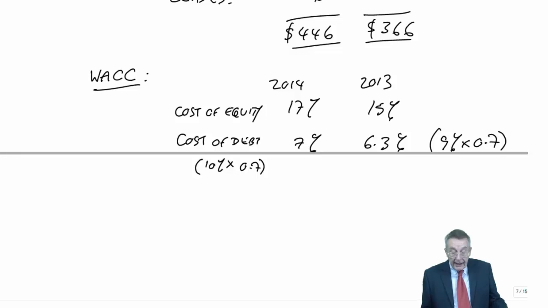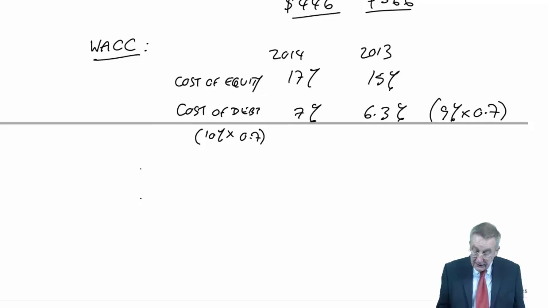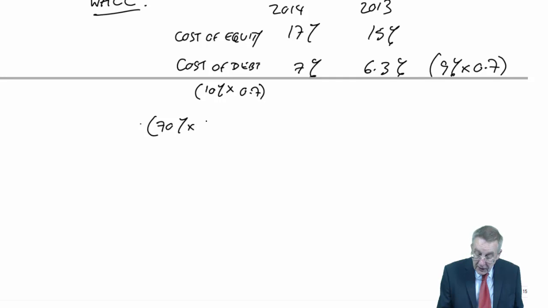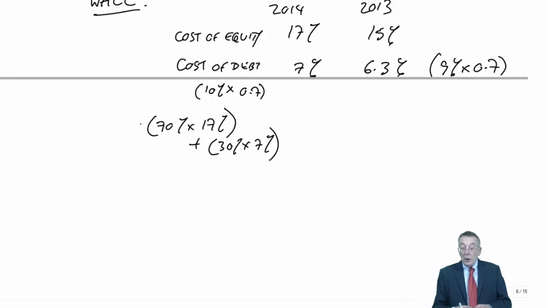And so the weighted average in each of the 2 years, our target overall is to have 70% equity and 30% debt. So in 2014, 70% is costing 17, 30% of our money is costing 7. And so an overall weighted average of, I think, 14%.